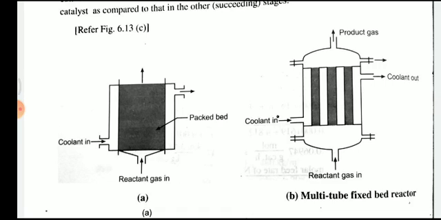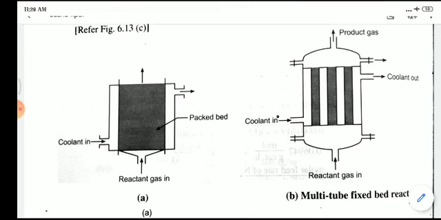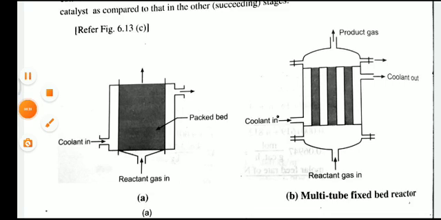So the bed consists of catalyst, which is a packed bed, and coolant generally enters at the lower portion of the vessel and exits from the top portion of the vessel. Then reactant gas flows from the bottom of the vessel to the top of the vessel.